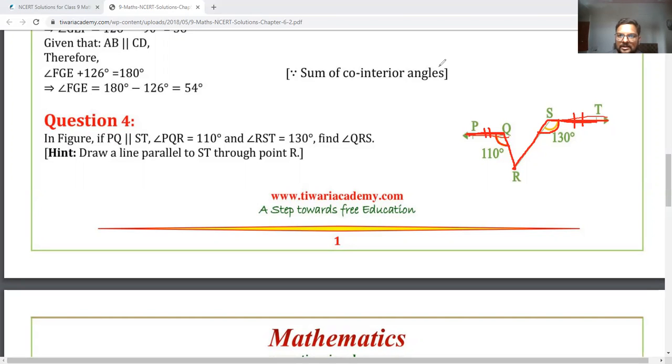They asked us to find out the angle QRS. So this angle we have to find out.